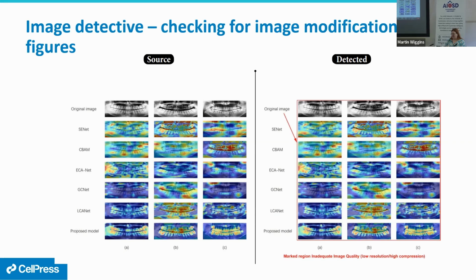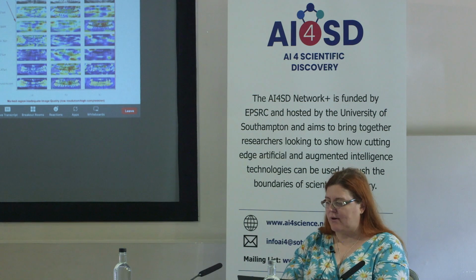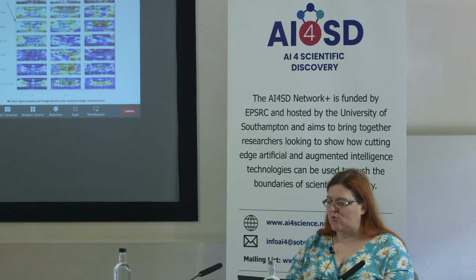Now, this got flagged in one of the articles that we published, and I looked at it and went, yes, that's all right, because the source is showing the original image and then the various different model results produced from those original images. So the low resolution or high compression wasn't really a problem for us, and the authors did provide a higher resolution image later on anyway.